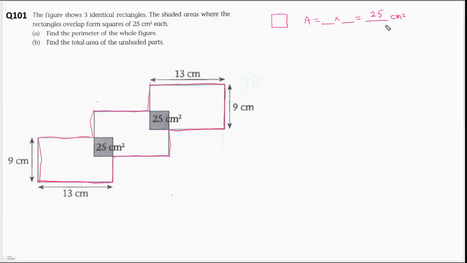And hopefully you know your square numbers and basic times tables. You will realize that 5 times 5 gives us 25. So we can calculate that each of these squares has sides of 5. Okay, these are all 5.